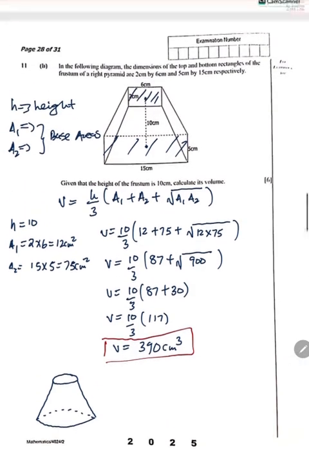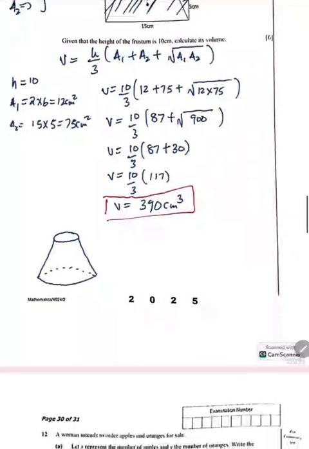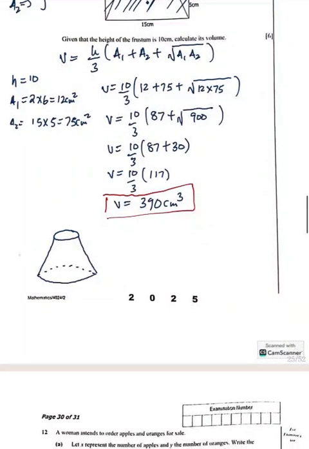By the way, even if the base was a square, you just need to find the area of the square, whatever base you have there. But what happens if you have a frustum of a cone? This is the height h of the frustum. You can see that we have two circles here, the bottom circle and the top circle. So what do we do?